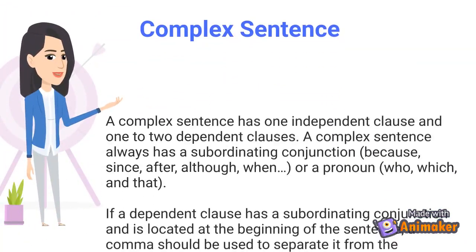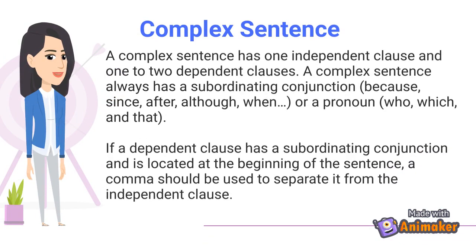All right class, now we take a look at the third type of English sentence, which is complex sentence. A complex sentence has one independent clause and one or two dependent clauses.